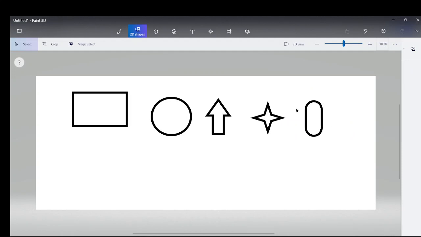We can say that every day, in our daily routine, we see these types of articles in practical scenarios. These types of articles are defined as 2D shapes. Here we have chosen 2D shapes. So, clear.